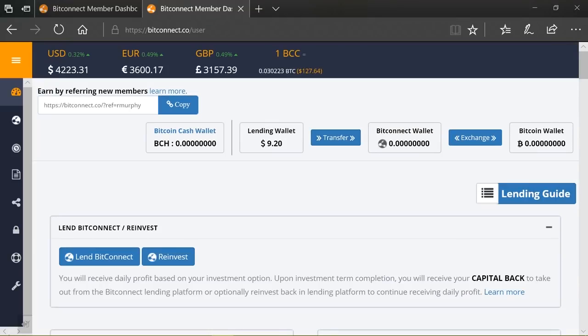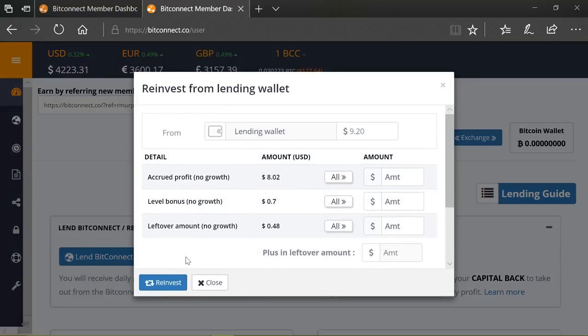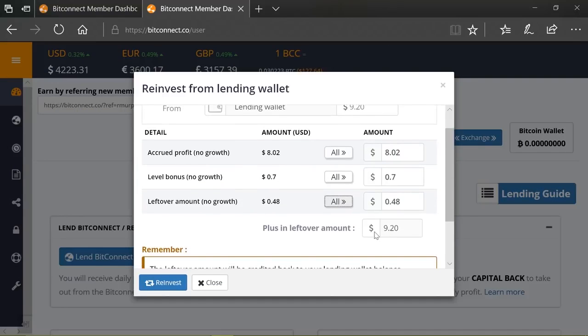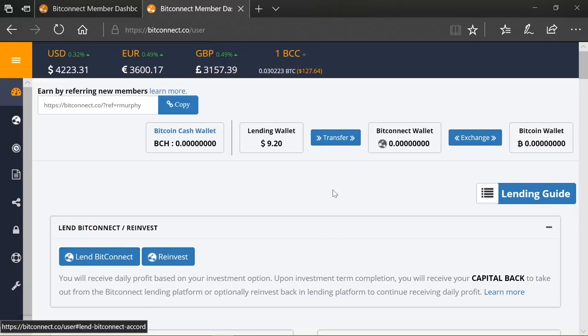When that figure goes from, say in my instance, $9.20, now I've already done a $60 reinvest today based on pure interest alone. This is the figure that's left. When this figure goes to $10, I can go to reinvest, click all of these figures here and it will add up to above $10. Mine's still at $9.20, so I can't do one at the moment.